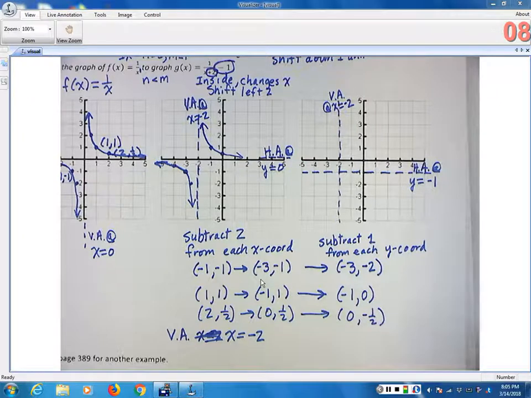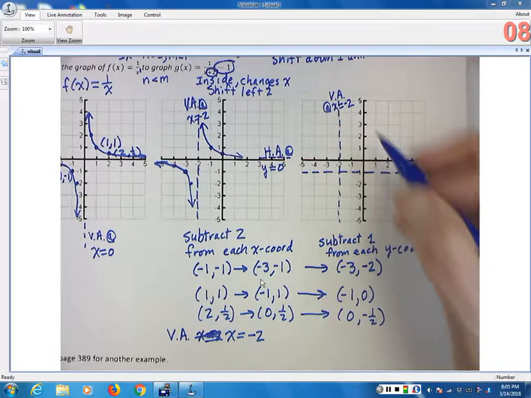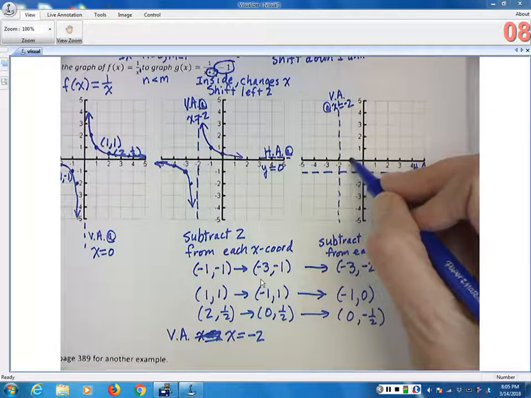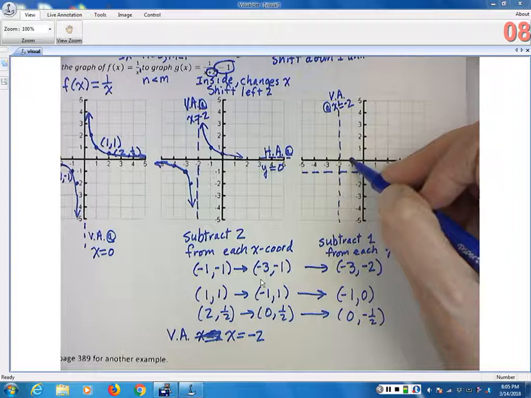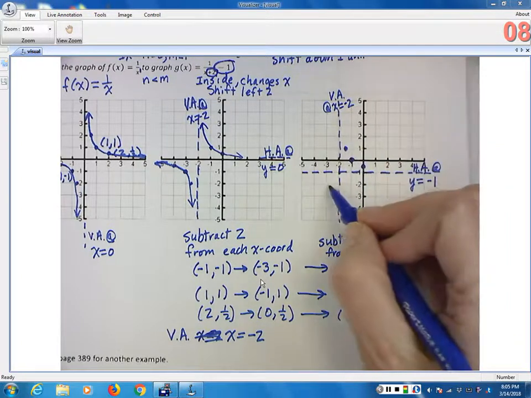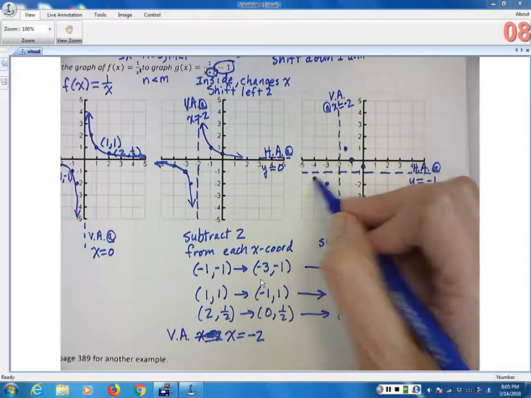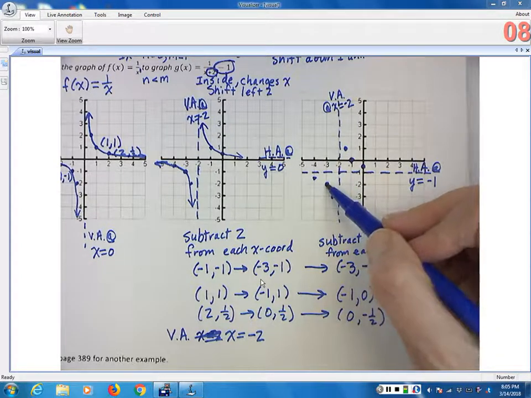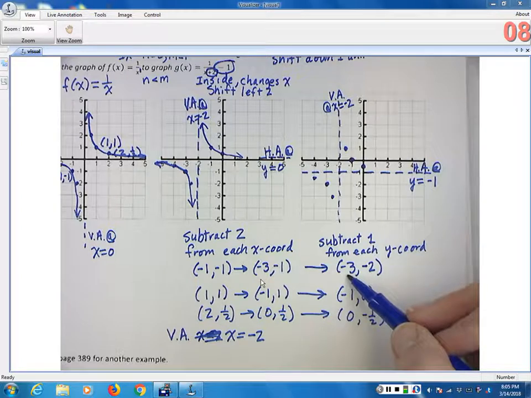You can either use those points or realize, here's where my asymptotes cross. I'll have a point here, which I did, and I'm going to have a point here and here for this graph. You're going to have a point right here, and I did find that, -3, -2.